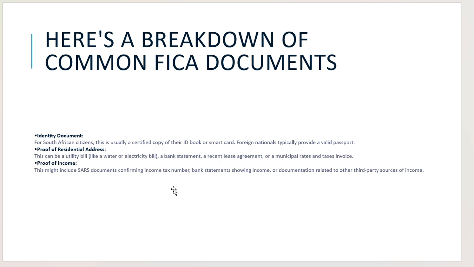So this is normally the FICA document that is required if you want to be advanced a loan or you want to borrow a certain amount from the bank. The banks will say, in order for us to comply with the Financial Intelligence Act, we need to get this document before we can conclude the transaction.